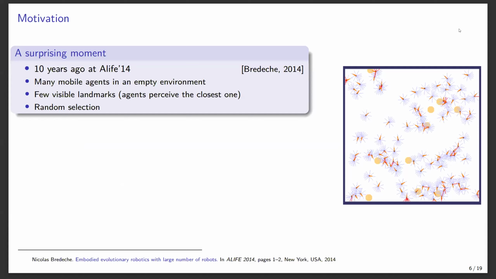Here is what he tried. Take a bunch of simple mobile agents running the same algorithm that I presented, put them in an empty environment, and put some randomly positioned landmarks. These landmarks don't give any advantage to the agents. They're just things the agents see or perceive.